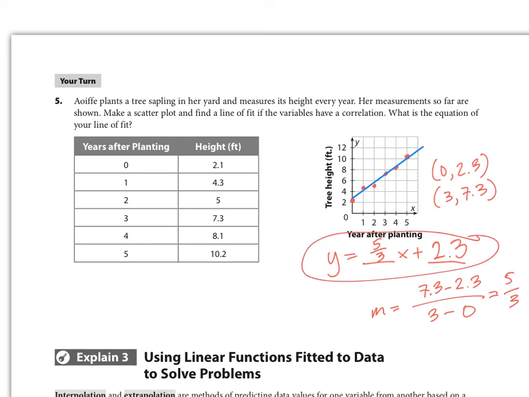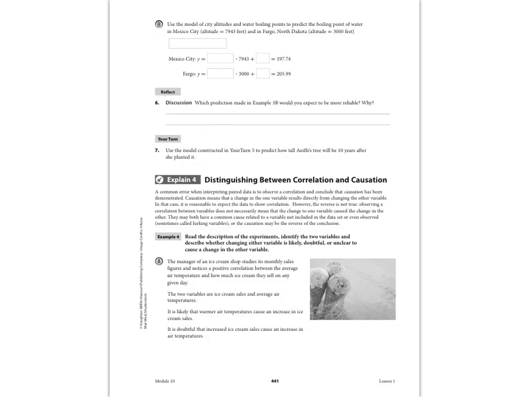So we can now use this equation to make predictions, just as I mentioned in the previous one. We're going to use the equation that we made in Your Turn number 5 to predict how tall the tree is going to be 10 years after she planted it.